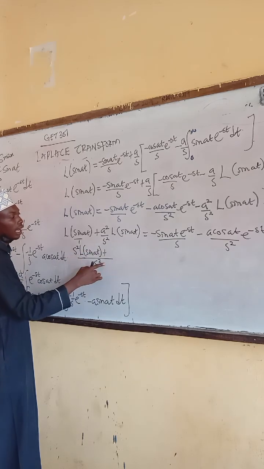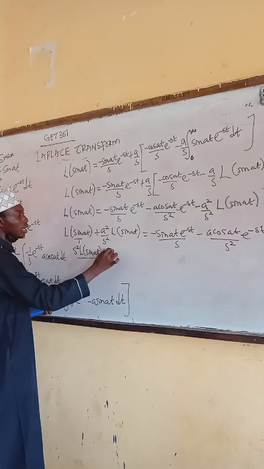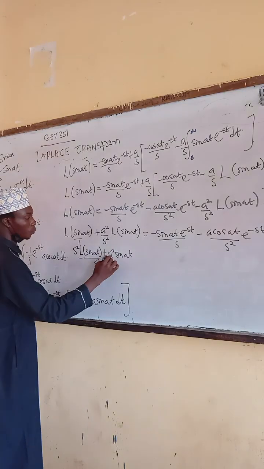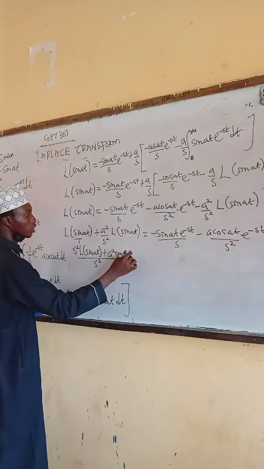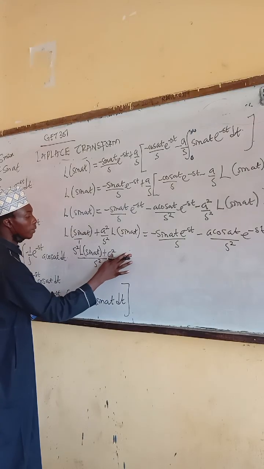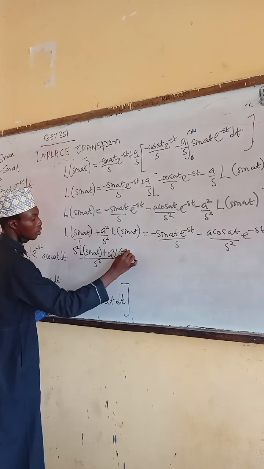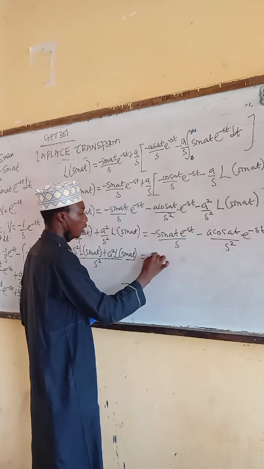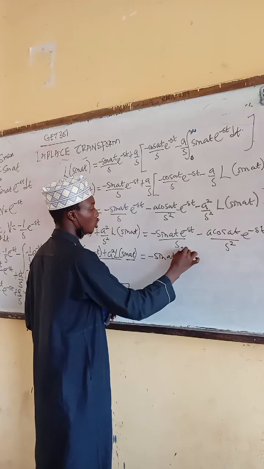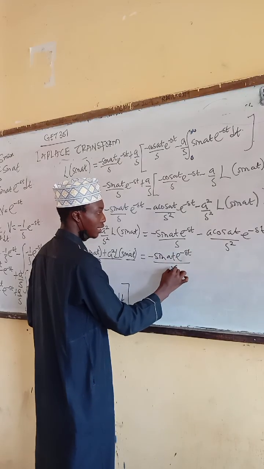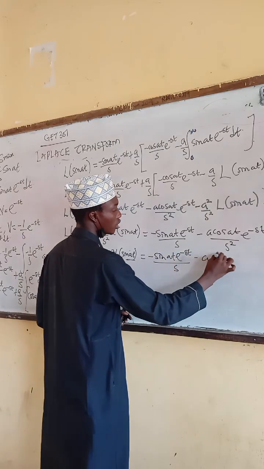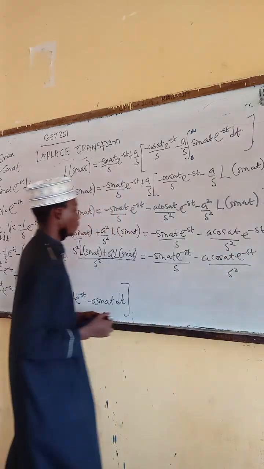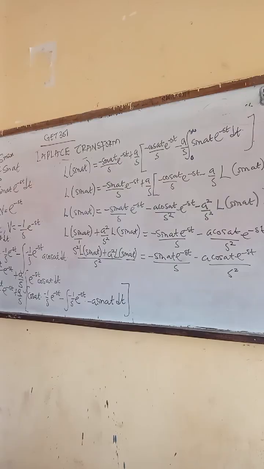Plus s square in s square, 1, times a square, Laplace of sin(at), equals minus sin(at) exponential minus st over s, minus a cos(at) exponential minus st over s square. So write this before we continue.